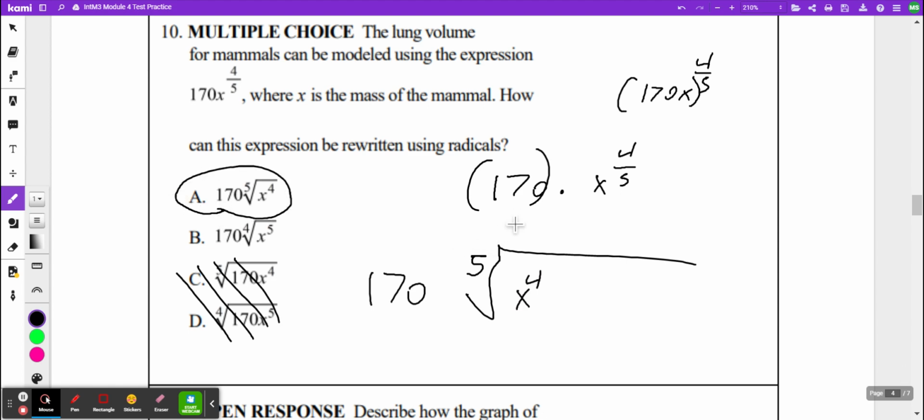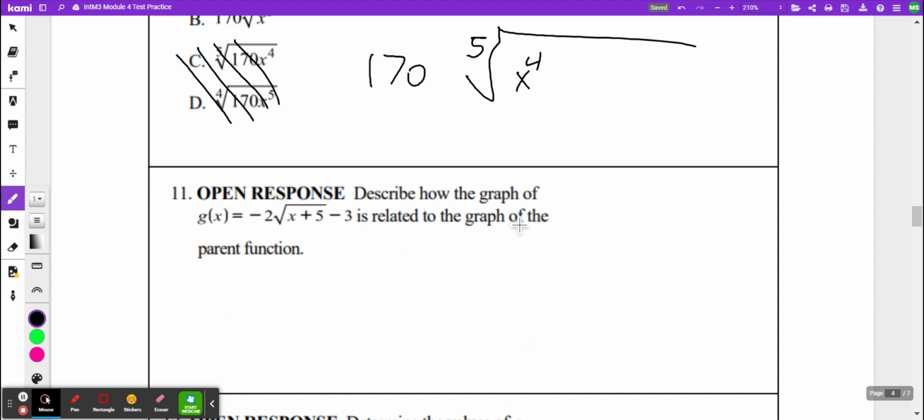Let's go on to the next one. So it's literally describe how the graph is going to run right here. Okay, so I'm going to have to work my way from the x out. So the first thing is that plus 5. So I'm going to move left 5. With the plus 5 right there, that means left 5. After that, I have this negative 2 right here.